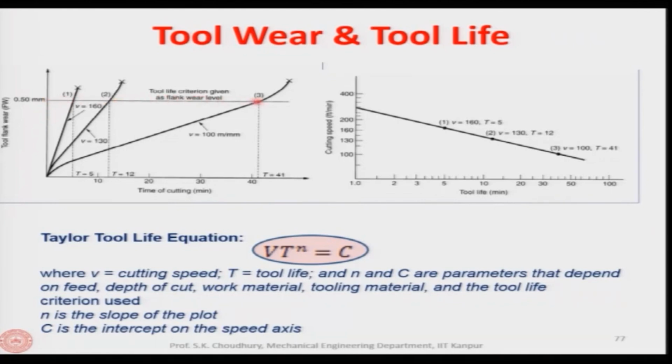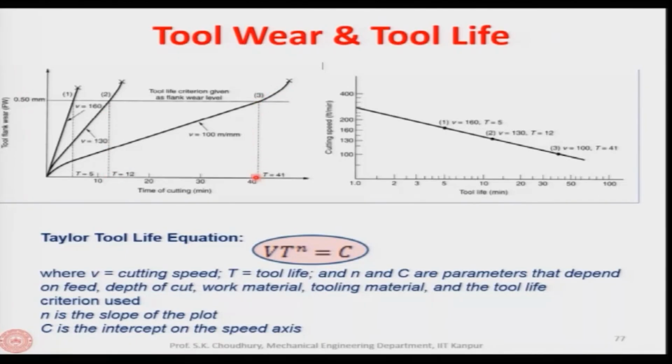If the line is drawn within that 0.3 millimeter, we will know the life for each of these velocities, because the time of cutting can be taken as the tool life. So, since it has reached this criterion of the flank wear and we do not want the flank wear to grow beyond this point, the tool life will be this. For this speed of 130 meter per minute, for example, the tool life will be this, and at this point the tool life will be this.